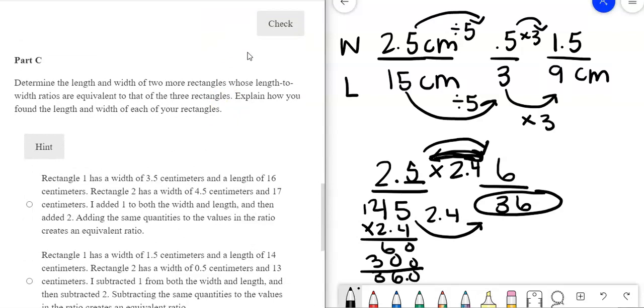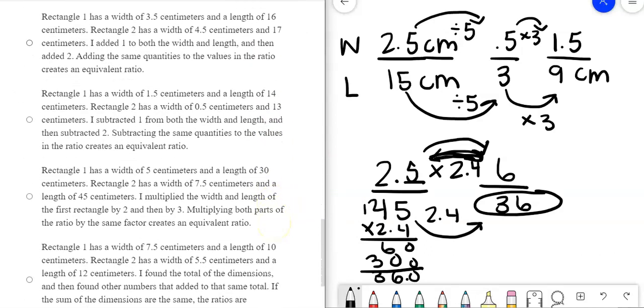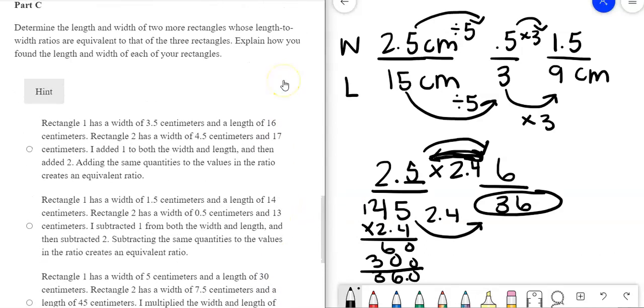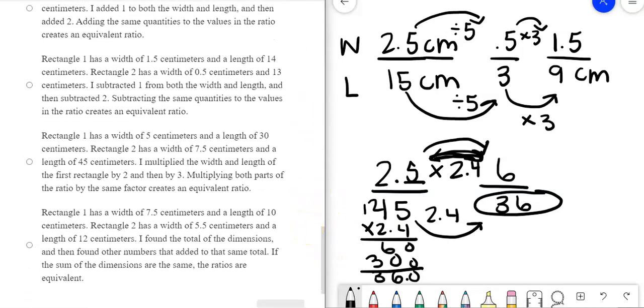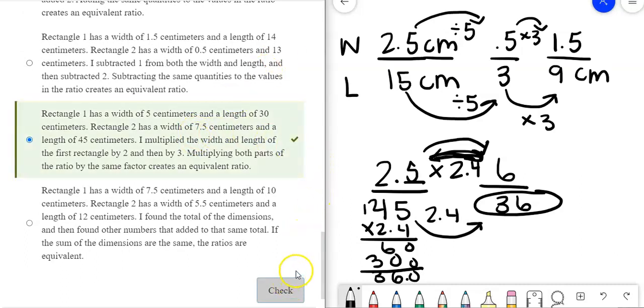Okay, and part C. Determine the length and width of two more rectangles whose length to width ratios are equivalent to that of the three rectangles. Explain how you found the length and the width of your rectangles. So they have lots of words here. And it's going to be this one.